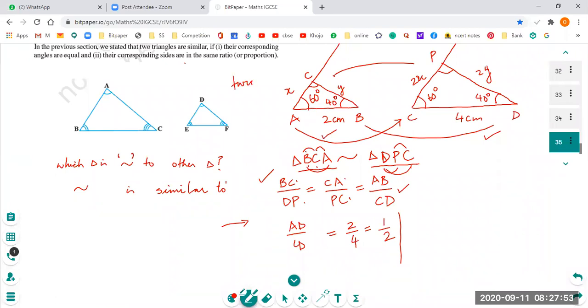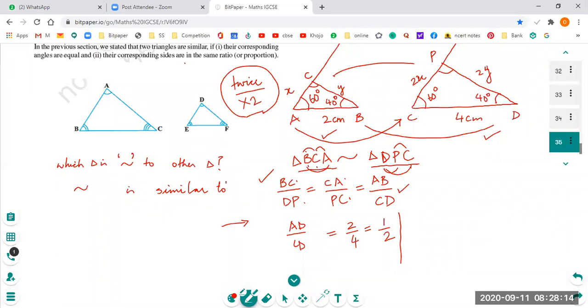Twice means into 2. So the relationship between the other corresponding sides will also be twice. So if CB is y, PD will be 2y, and I've already explained with this side.